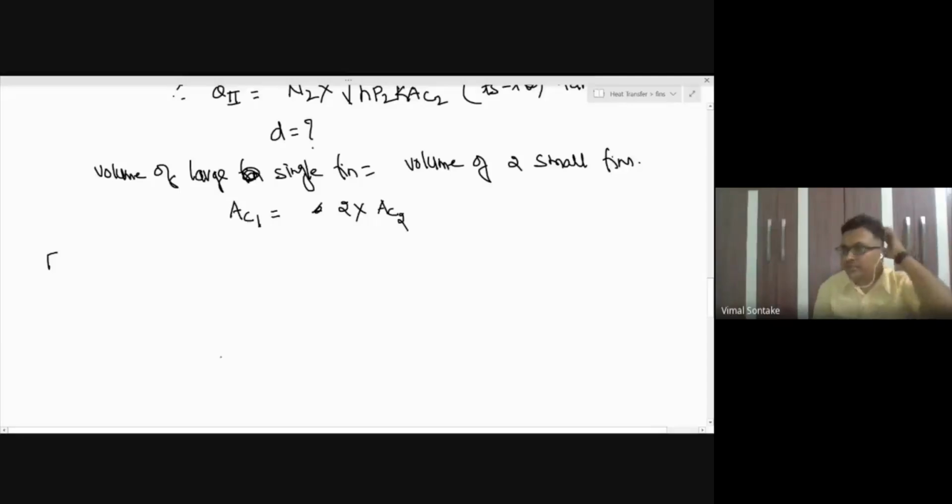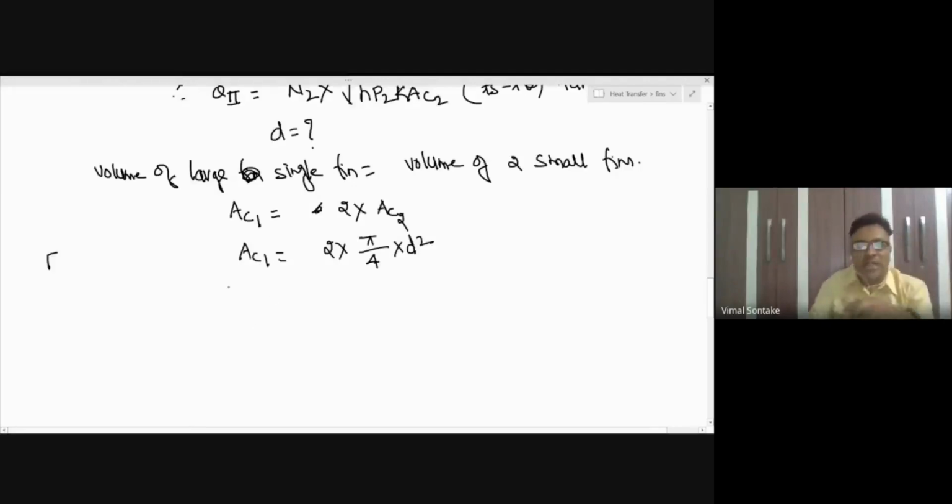Got it? Or this will be Ac1. I know the value of Ac1. Ac1 is equal to twice into pi by 4 into small d square, because diameter of the small fin in case 2 is small d.